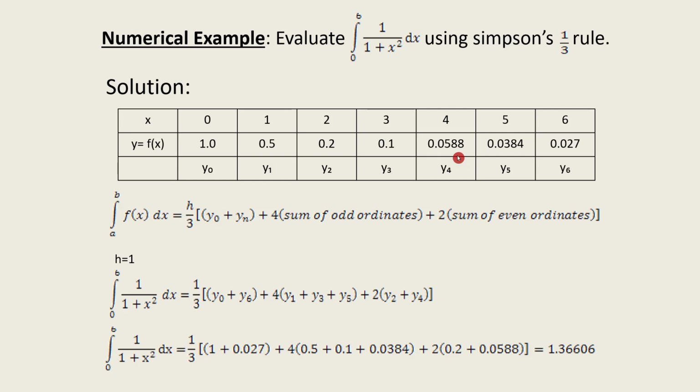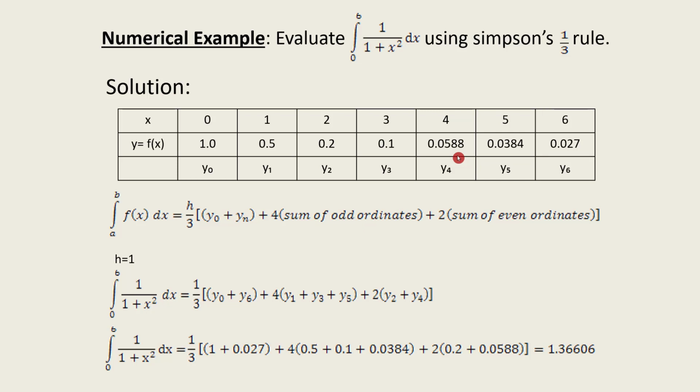Now let's see a numerical example of Simpson's one-third rule. Here the question is to evaluate the integral from 0 to 6 of 1/(1 + x squared) dx. We know in Simpson's one-third rule there should be an even number of intervals. So we divide it into 6 intervals, each of length 1. We get x values as 0, 1, 2, 3, 4, 5 and 6.